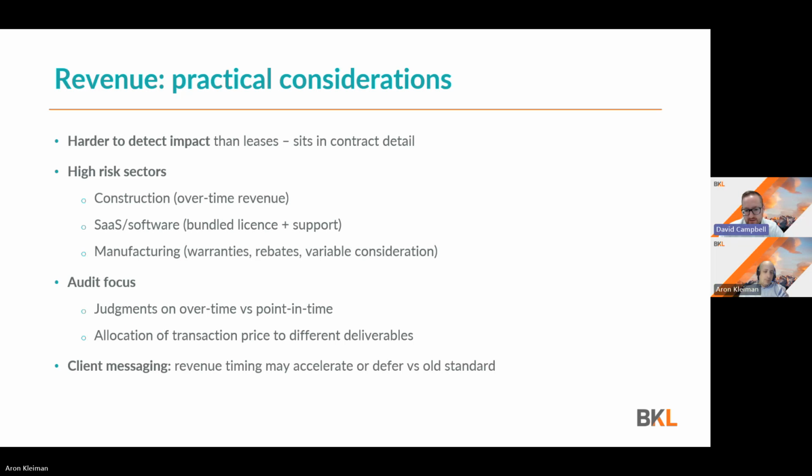And as Aron touched on as well, unlike the leases, the direction of change isn't guaranteed. It can be an acceleration of revenue depending on what the previous accounting policy was under existing FRS 102, or it could go in the opposite direction.